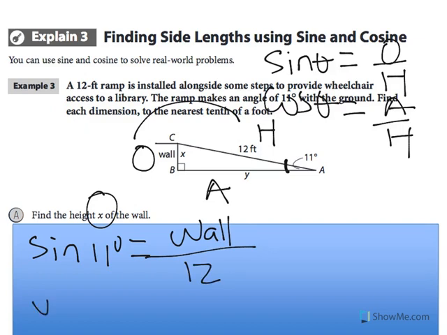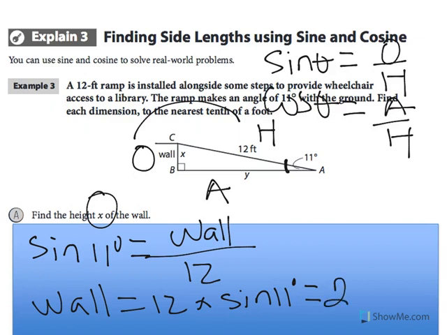To solve for the wall, the wall equals 12 times sine of 11 degrees. From there, just use your calculator. This is 2.2897, and this is in terms of feet.